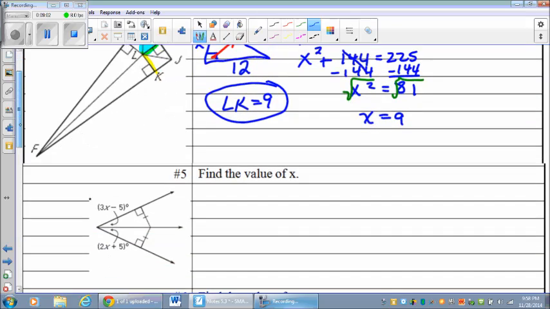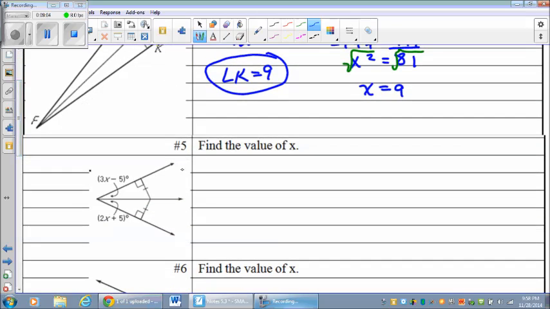Okay, on example 5, it says find the value of x. Notice the segments are congruent, as well as being perpendicular, which means this line going through the center of your angle is the bisector. Since that's the bisector, these two angles here are congruent to each other, so I can set them equal. It'd be 3x minus 5 equals 2x plus 5.